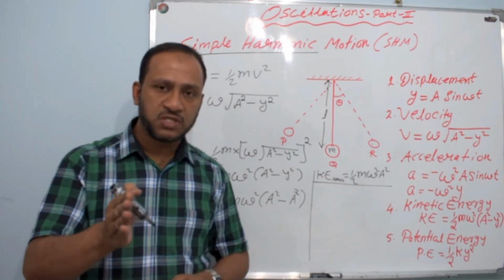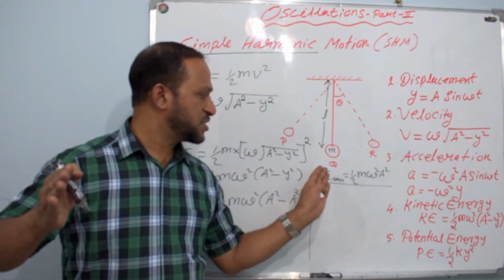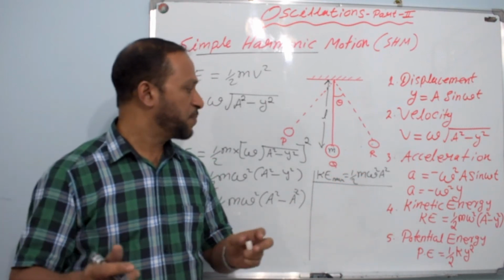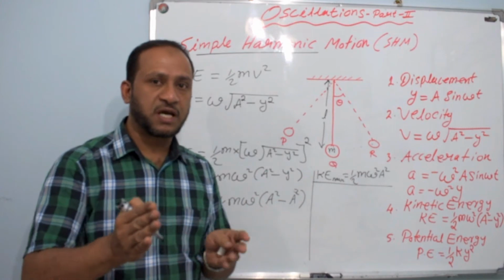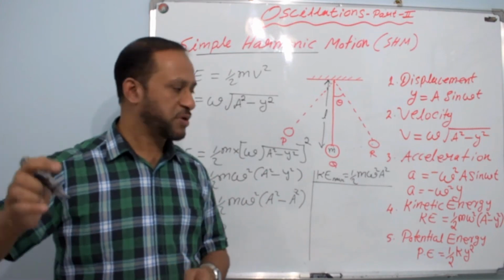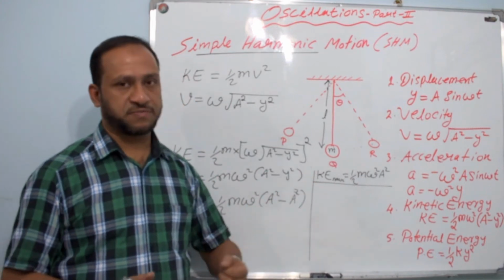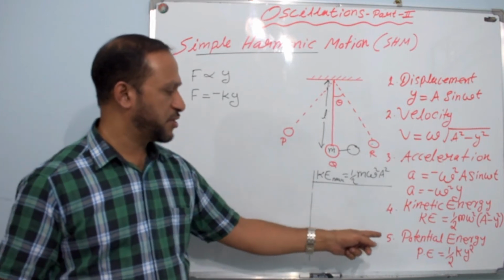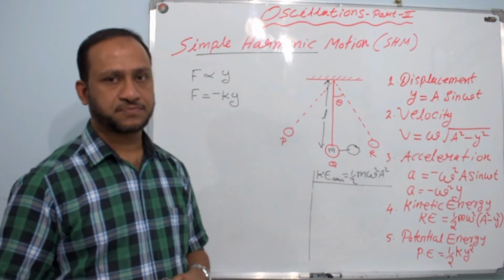When it is moving towards the extreme point, kinetic energy gradually decreases and becomes 0. So eventually potential energy will be increasing and becoming maximum at the extreme point, that we can see in the next expression.